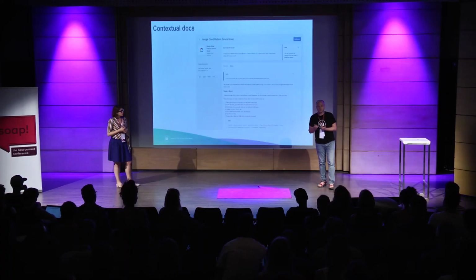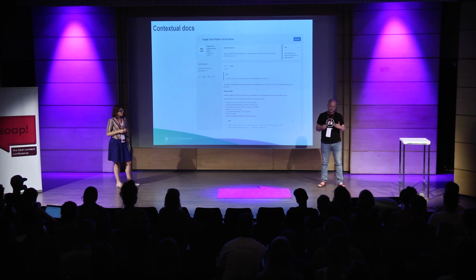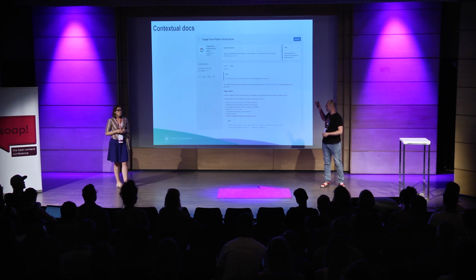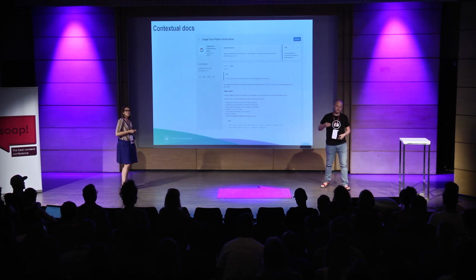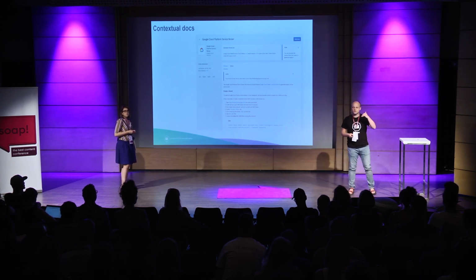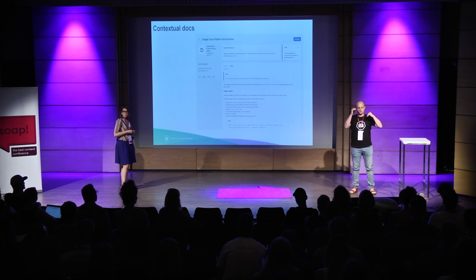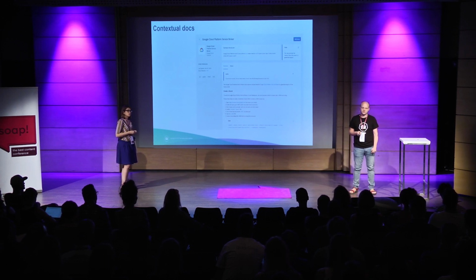So we took the API, kept all the Markdown files behind it, and said, let's always display docs in the context of a given service he is considering, whether he should provision it or not, and then he can get the content that he needs.